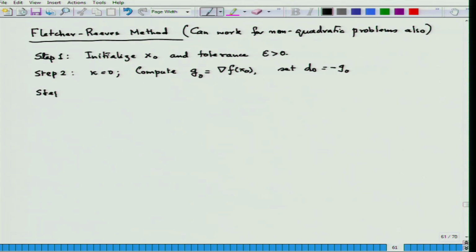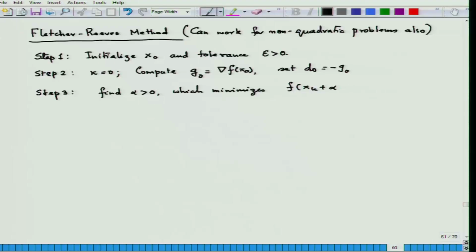Step 3, we do the most idealistic stuff: find alpha greater than 0, which minimizes f(x k plus alpha d k). Of course, this minimization is done in an approximate way. So, here you have one dimensional minimization. We have not spoken much about one dimensional minimization in this course.